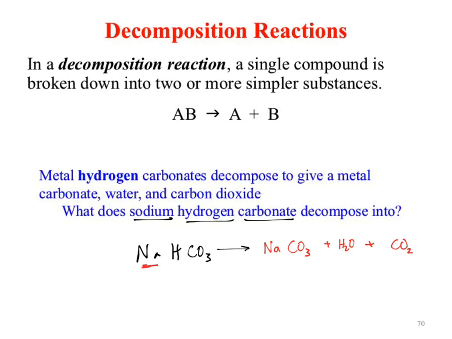You're going to be like, well, I suck at balancing. No, you don't suck at balancing equations. What you suck at was predicting your products, which is really coming back to nomenclature. What is the charge on sodium? +1. What is the charge on carbonate? -2.